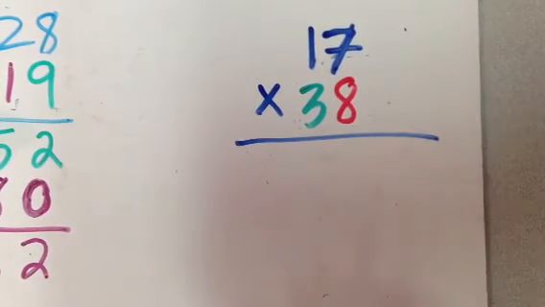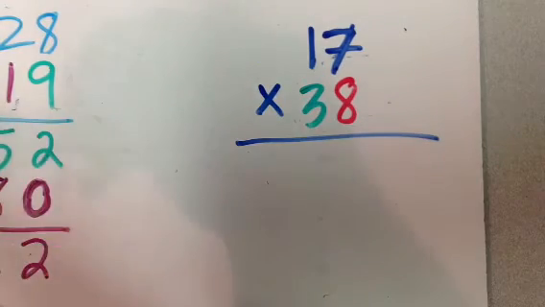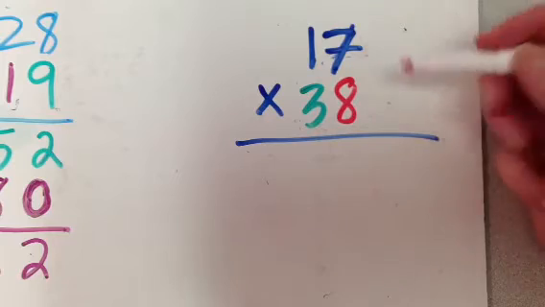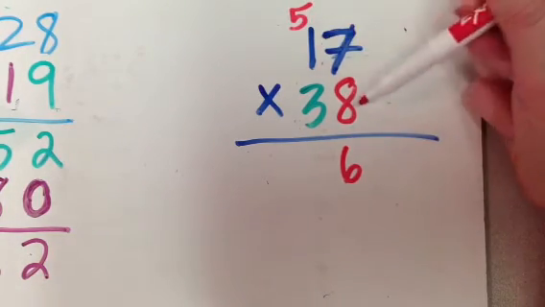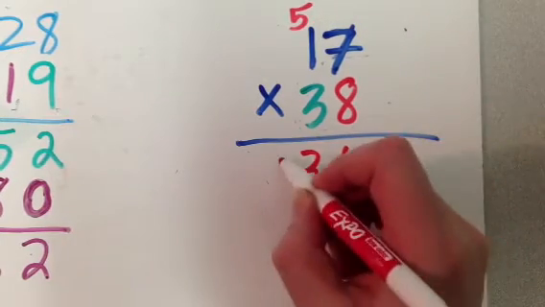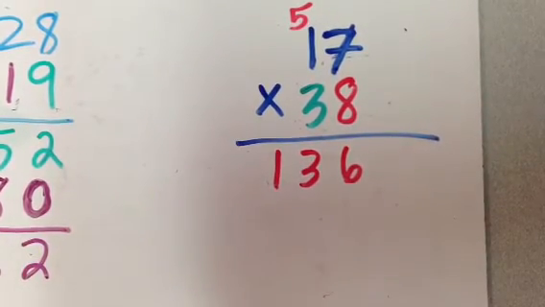So again, I'm going to ignore the 3 and just deal with multiplying the 8. So 8 times 7 is 56. Carry the 5. 8 times 1 is 8, plus 5 is 13. Okay, now I'm going to deal with the 3.